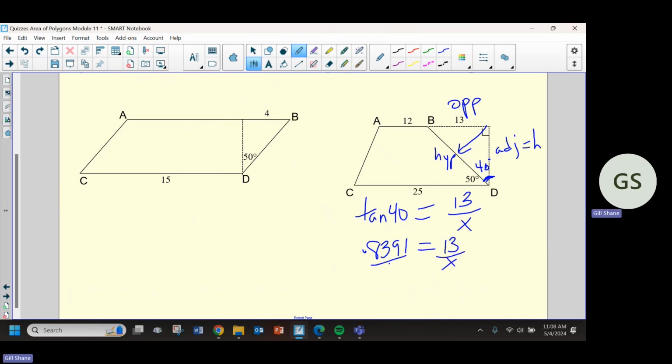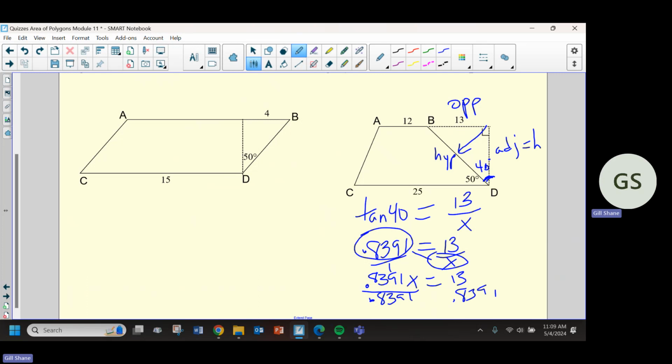Hope this all fits on the screen. So cross multiply: 0.8391 times x equals 13 times 1. So last step, divide by 0.8391 on both sides.